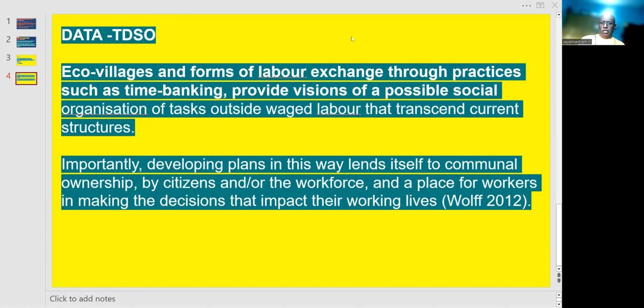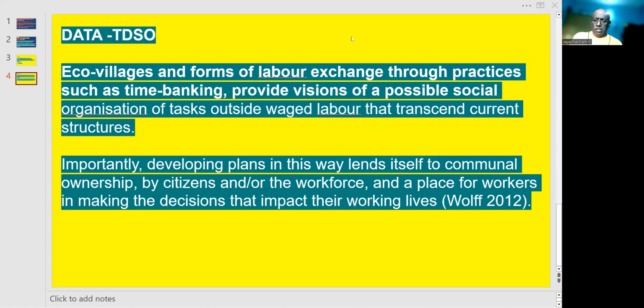Everyone should take care of their own bringings of utility that regulate the exchange value, whatever we possess in real terms in the form of money or in digital format. So in data, whatever data we have in our possession, time banking is the strategy to provide visions for our social organizations of tasks outside wage labor that transcend current structures. That's the way it has been used.